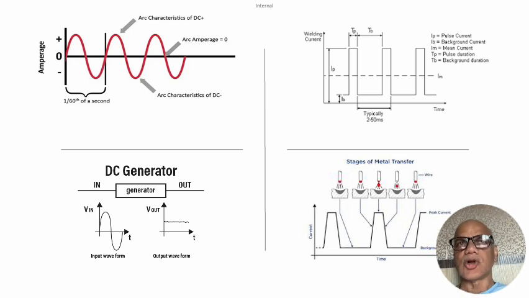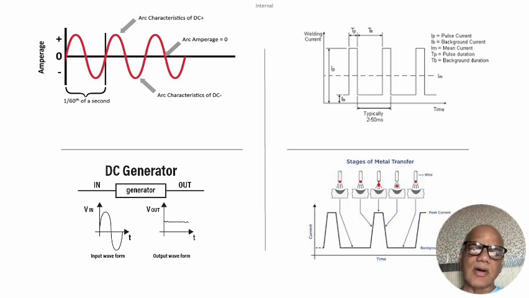However, in the short circuiting method of welding, we use discrete welding characteristics or parameters, and let's see in the next slide how we are able to adjust them.